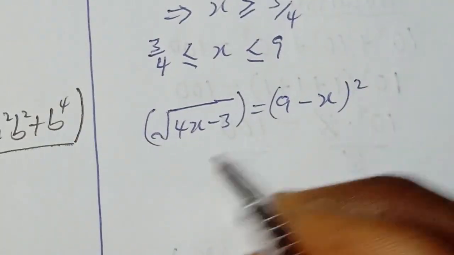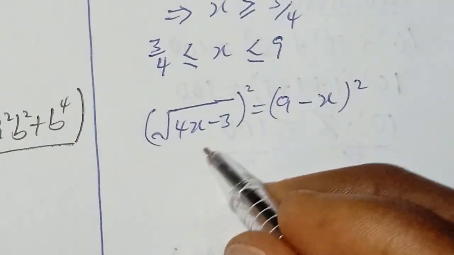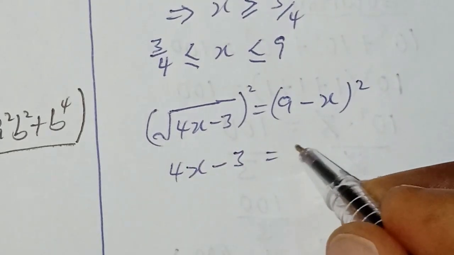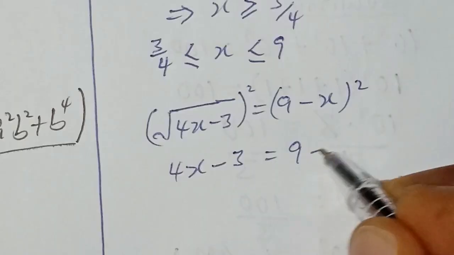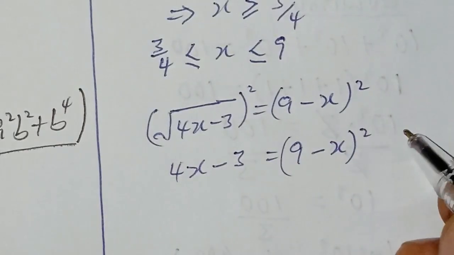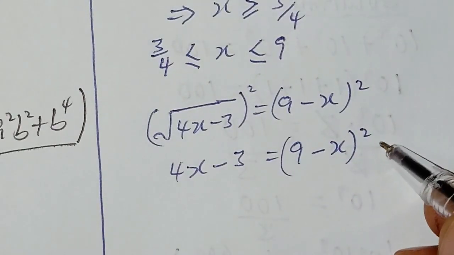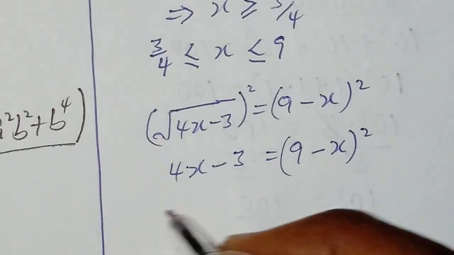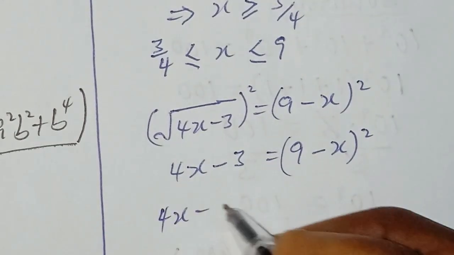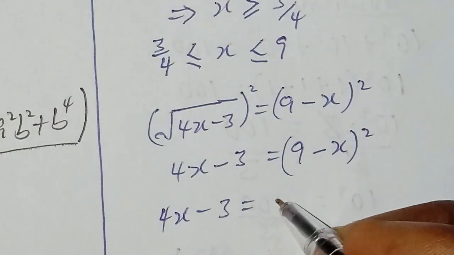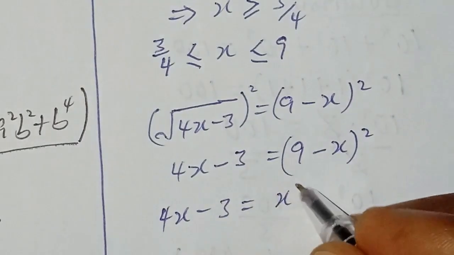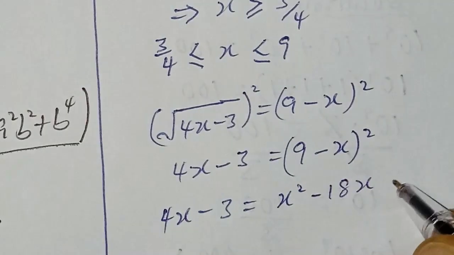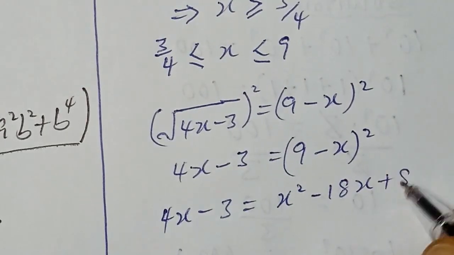So this becomes 4x minus 3 equal to this expression 9 minus x in brackets power 2. So we expand the right hand side, and that gives us 4x minus 3 will be equal to x squared minus 18x plus 81.